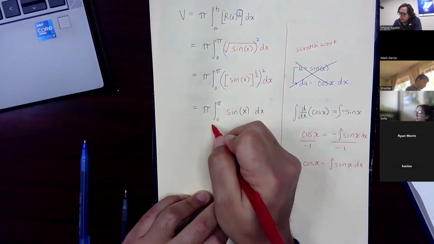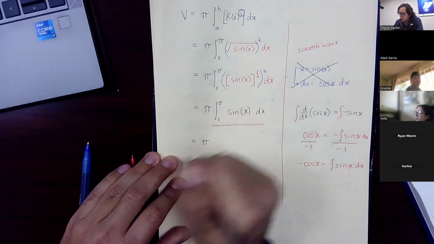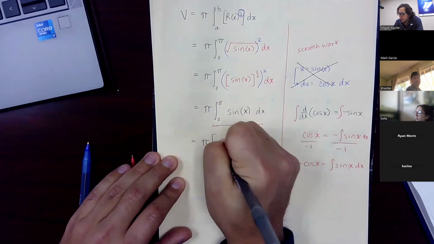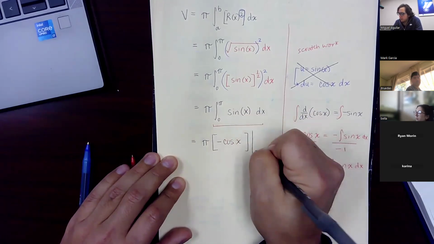So this guy is just going to be pi times that negative cosine of x. And then we evaluate from 0 to pi.